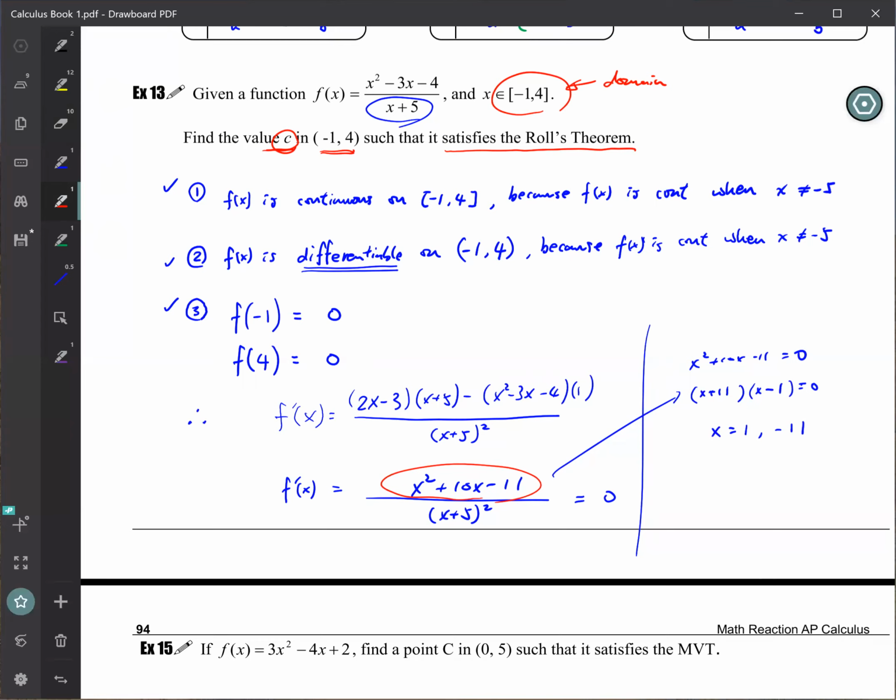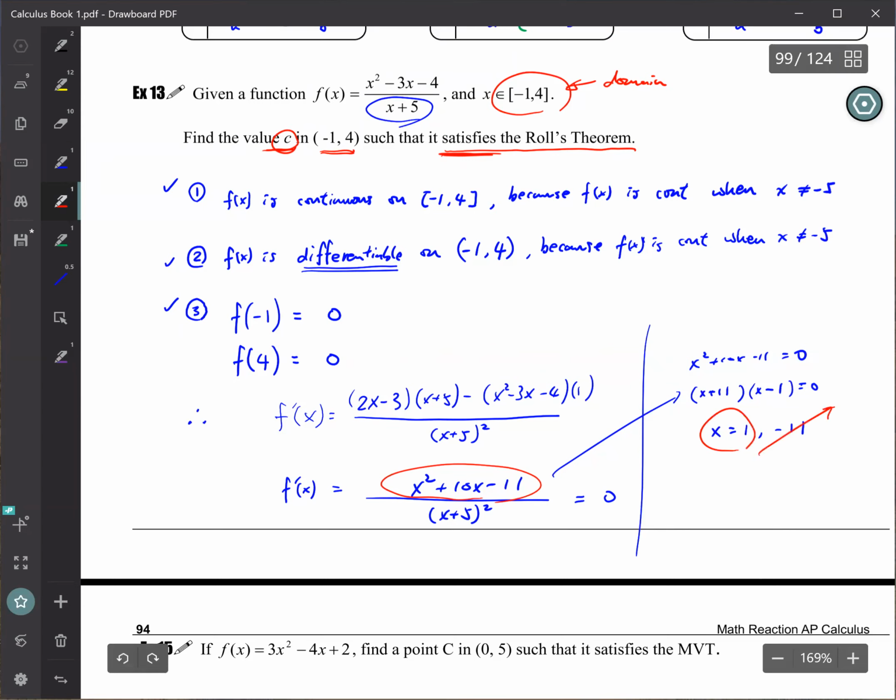Inside -1 to 4, so that is satisfied. Satisfied means it meets the requirement and also slope equal to 0. So the only place that sits in between is what? Which one is in between -1 to 4? 1, right? So we only keep this one.